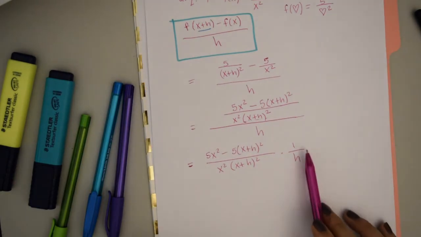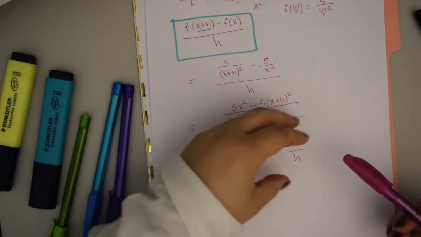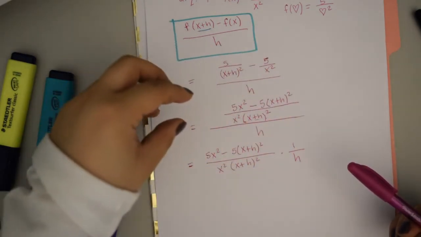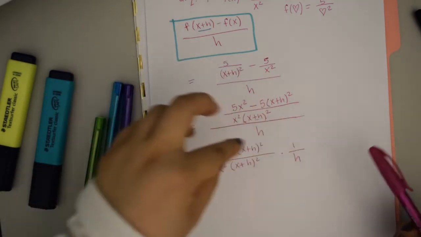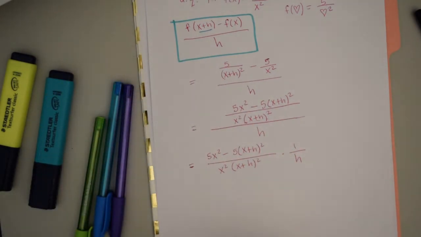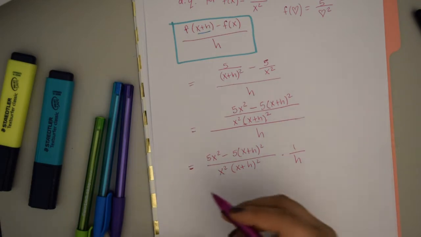I'm going to do that because now we have one layer. It's not something divided by something divided by something. We just have one layer. So now I'm going to expand everything out.